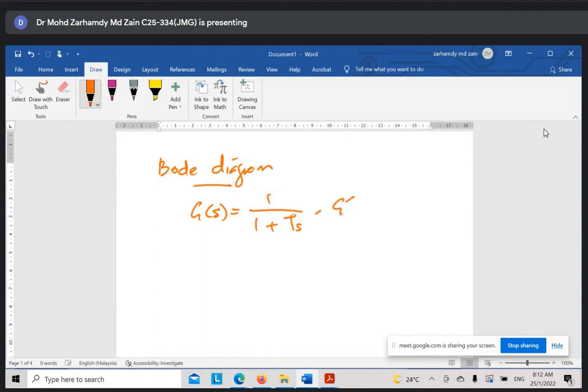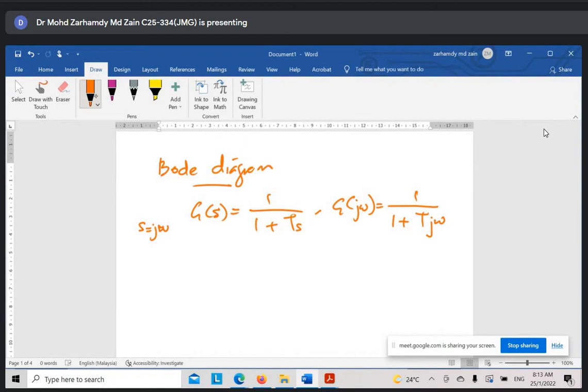So if we try to change to the frequency response, we have 1 plus Tj omega, because we need to change to j omega as the frequency response. So this is no problem, I think everybody knows this.